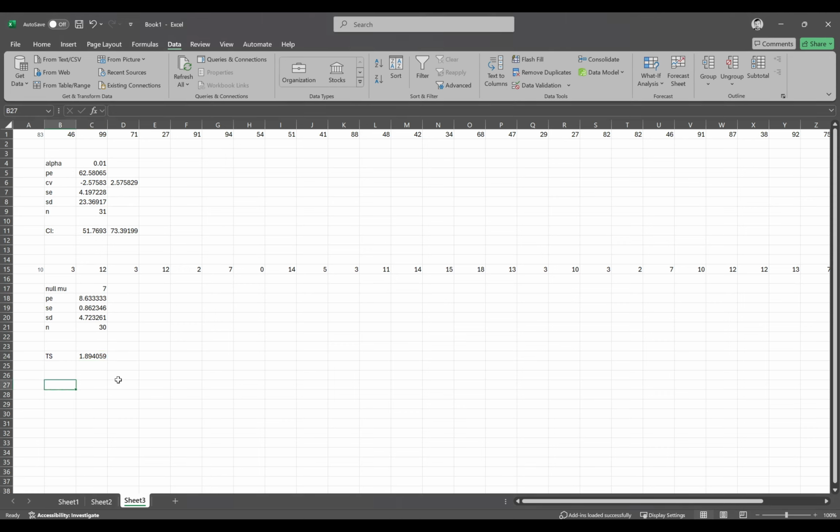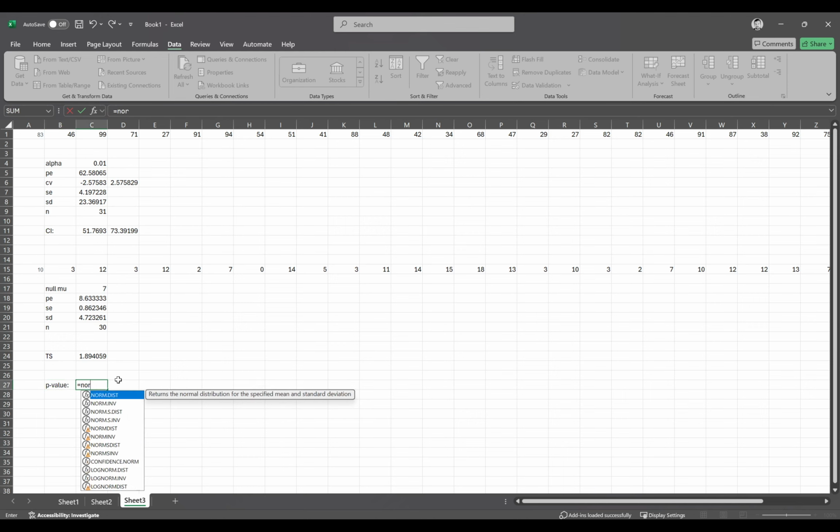All right. So if I do my p-value, and again, for the test statistic when it's positive, the function in Excel is NORM.S.DIST, and I put in my test statistic, and then I want that cumulative value to be true.